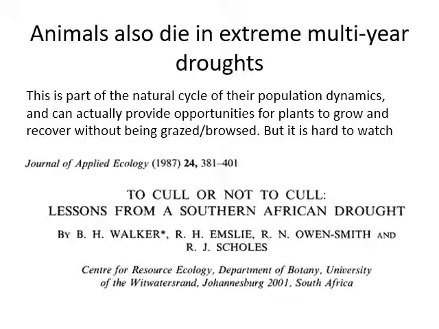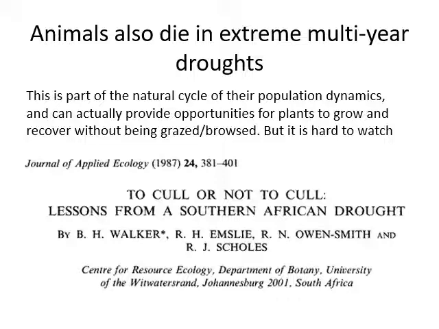However, in the reserves where some of the animals were culled, the grass and the vegetation was more damaged by the drought and took longer to recover. And this was because the animals that weren't culled survived and continued to eat and damage the vegetation all the way through the drought. Whereas in the places where there wasn't culling, the animals died, and that gave the vegetation a bit of a breather.